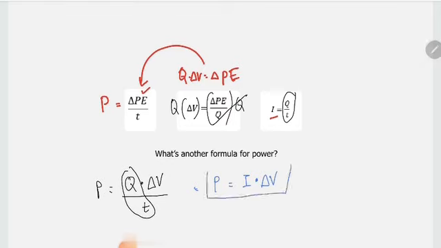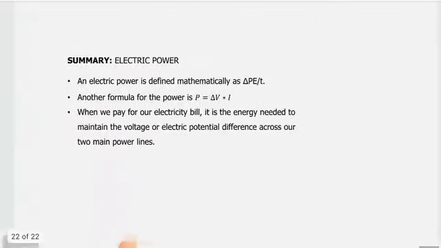So now you have a formula. Kung gusto mong malaman how much power your devices have, usually naka-indicate yung volts, the number of volts. It's either, I think, 120 volts or 240 volts. And then if you have a device to measure how much current is passing through your devices, multiply that, then you have the power of that device.